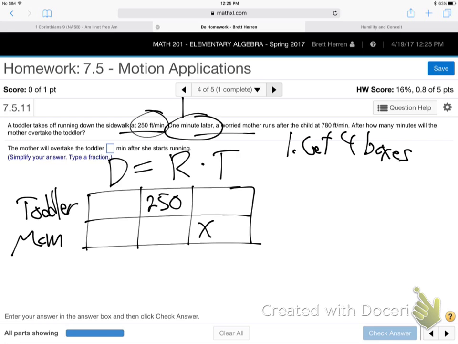So that's the mom's time, x minus 1. Does that make sense? And the toddler must be x. Is that making sense? Because the mom leaves 1 minute later, she has 1 minute less, because she's going to have to go faster. She has less travel time, right?